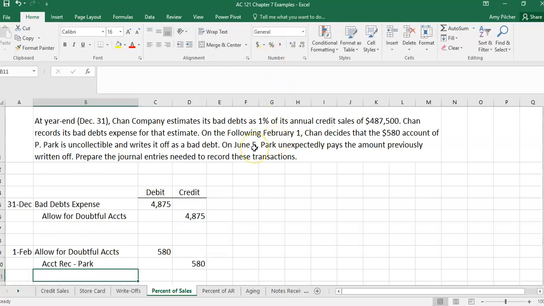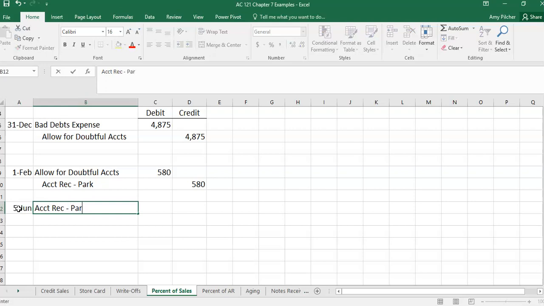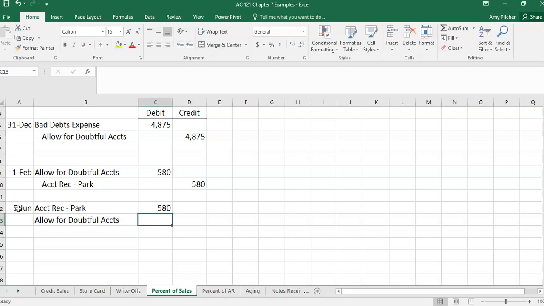Then on June 5th, we unexpectedly received the amount from Park. So we need to reverse that transaction. And then we can record the cash payment for that amount.